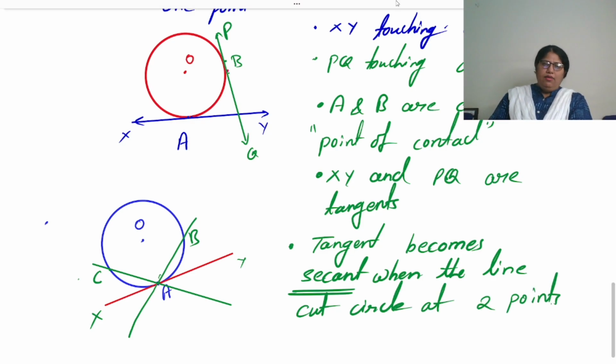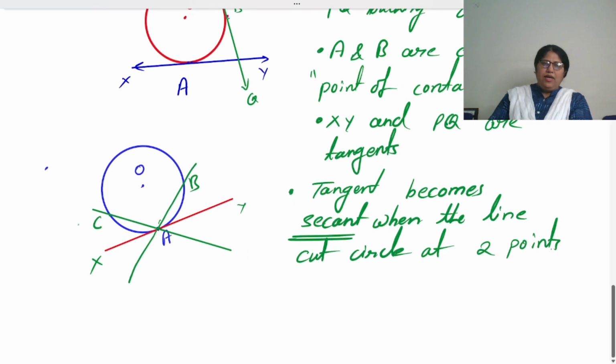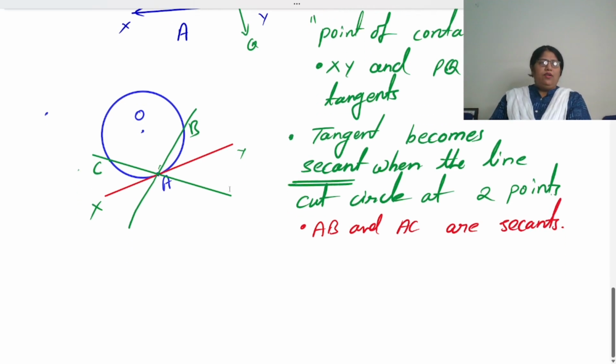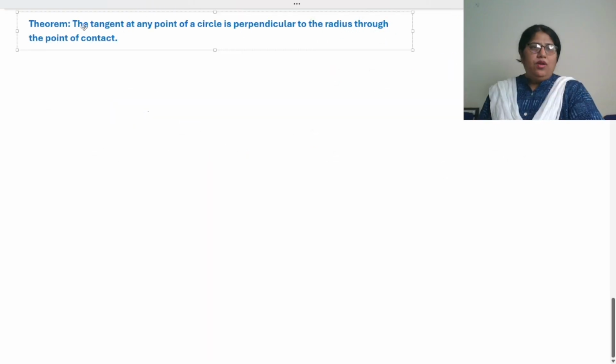As an example, AC and AB are secants. So AB and AC are secants. These are the basics. You should know the meaning of a tangent of a circle and a secant of a circle. And this is the first theorem of circles.